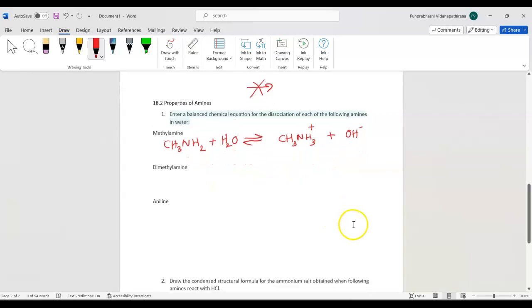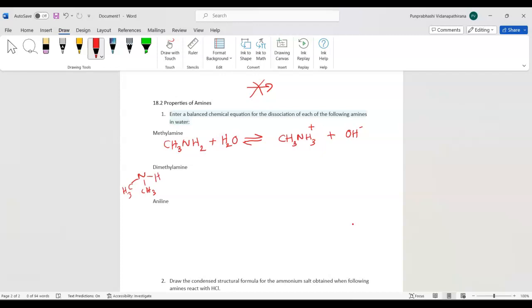The next one is dimethylamine. How do you write the dimethylamine formula? Dimethylamine just looks like this. There are 2 methyl groups and 1 hydrogen atom, right?